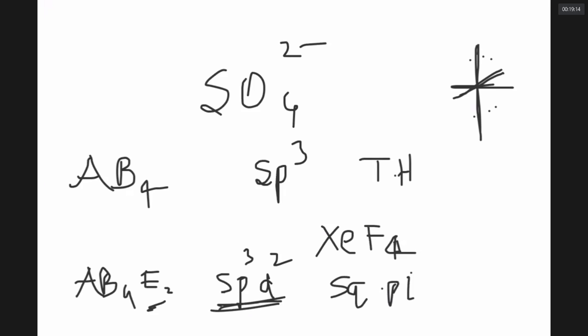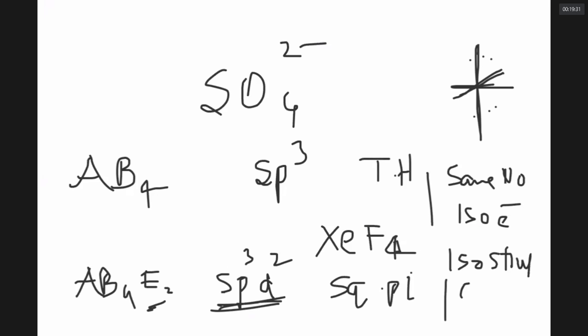Understood, sir. Now, any pair of molecules or ions which have the same number of electrons are called isoelectronic. If they are isoelectronic, they have the same structure, so they are isostructural and have the same type of hybridization in the central atom.